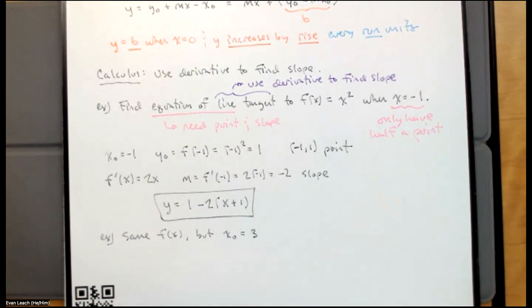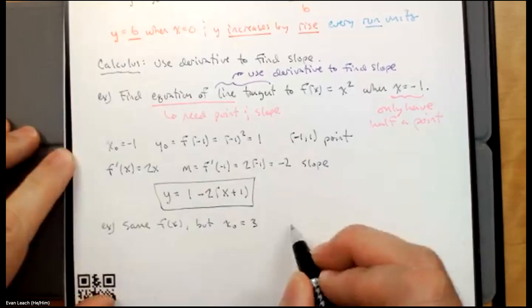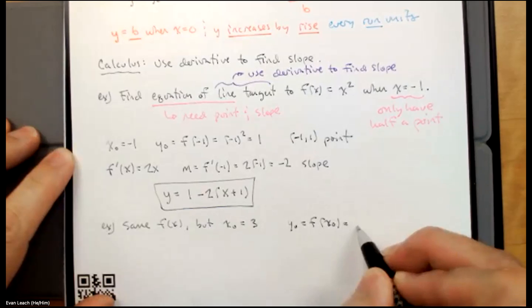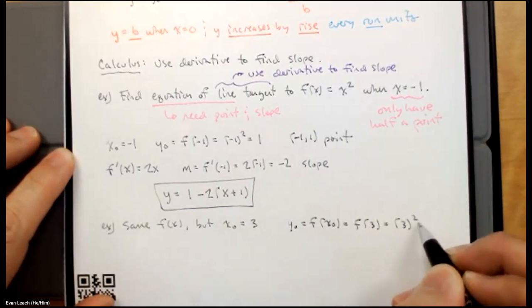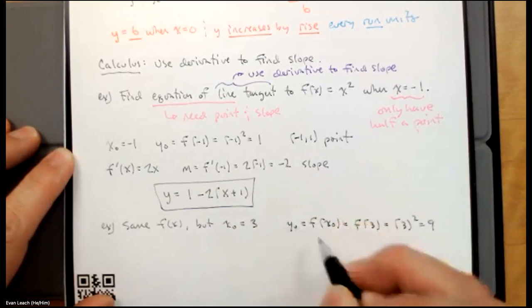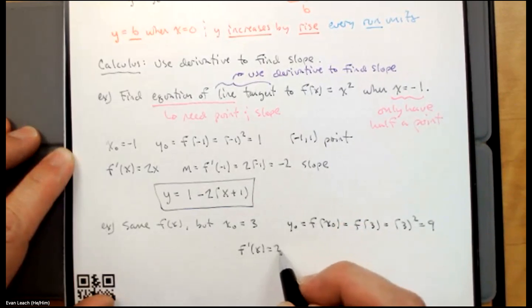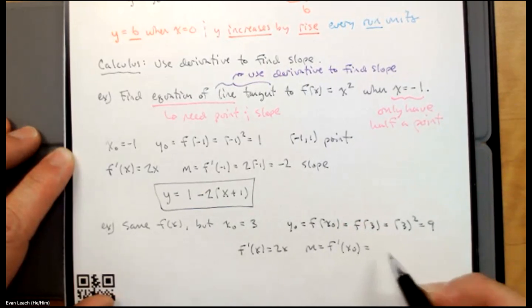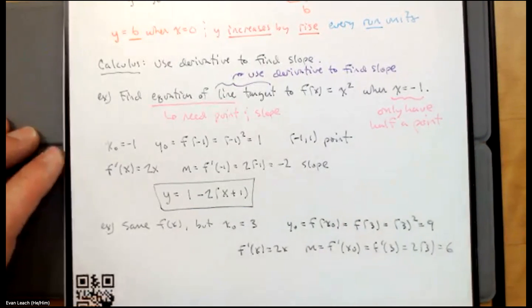Then I'm just going to move my stuff over. I need a new point. If x naught is 3, that means y naught is just the function at x naught. So f of 3, which is 9. Our derivative is still the same. f prime of x is still 2x. And so our slope will just be f prime at x naught, which is f prime of 3, or 6.